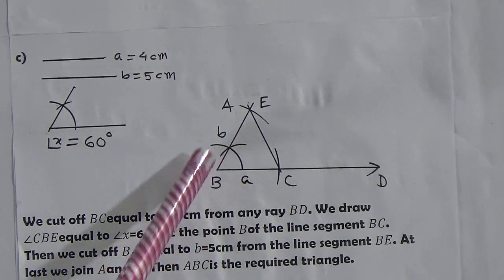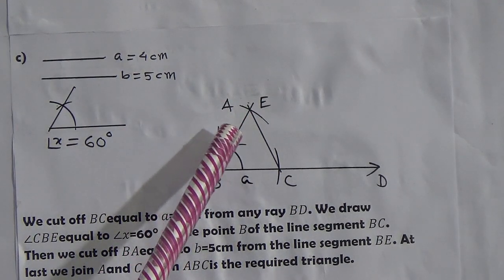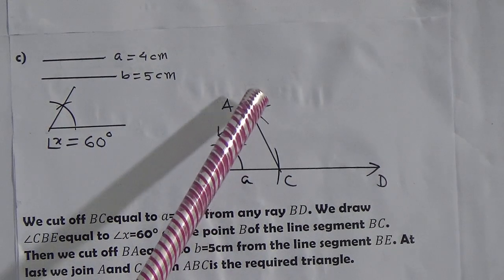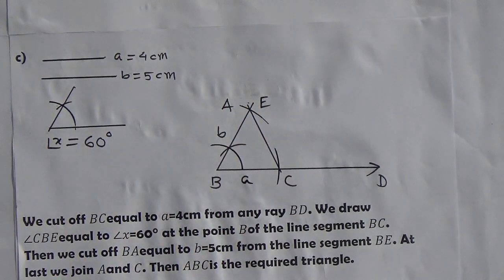Then from the line segment BE, we cut off BA equal to 5 centimeter. Now join AC. Then ABC is the required triangle.